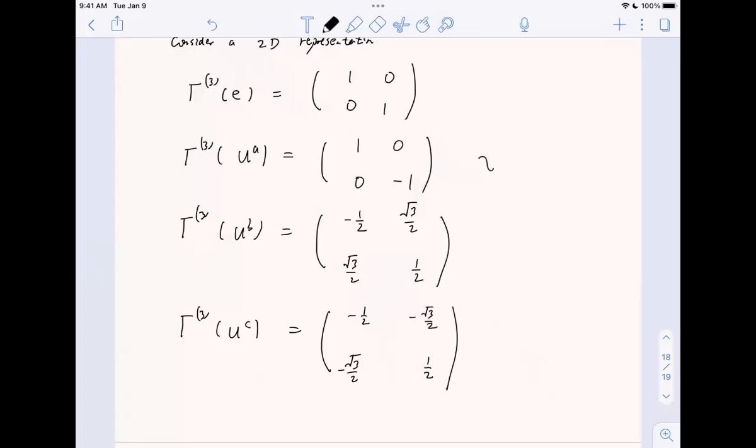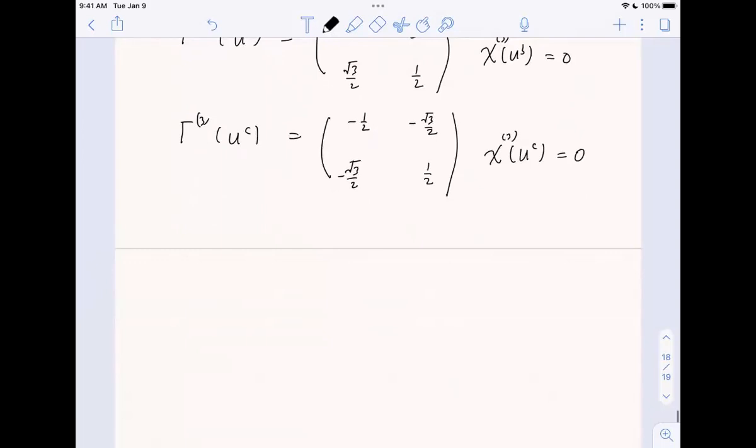You can already tell that the character is 0, right? You sum over this, it is 0. Here you have a 3, the third representation. So this character, the third representation, is 2.